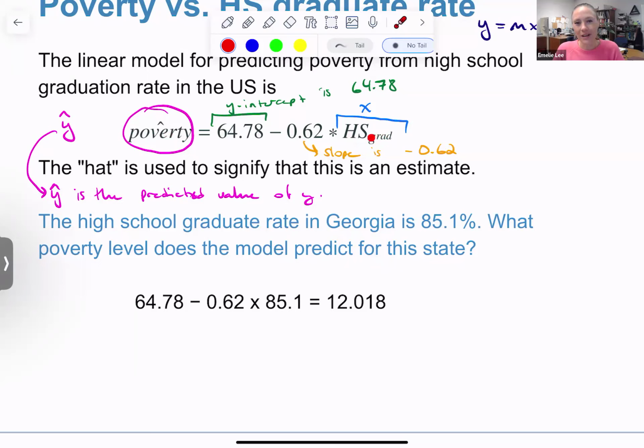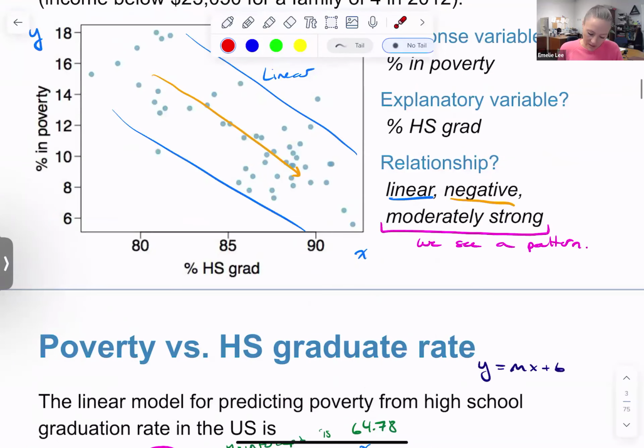If you're not sure whether you should convert this 85.1 from a percentage to a proportion, in this case we just leave it as a percentage, because these values are in percents. You just match the scale on the scatter plot you've been given.